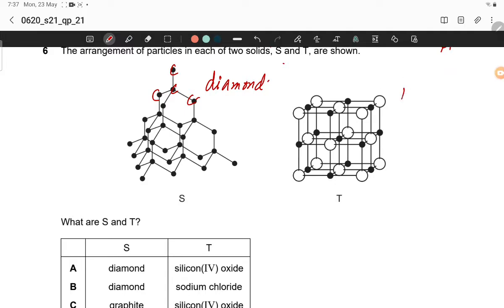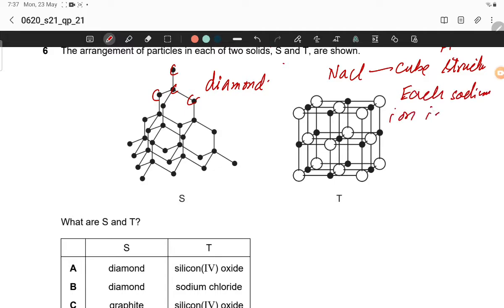Sodium chloride has a cubic structure in which each sodium ion is surrounded by six chloride ions.